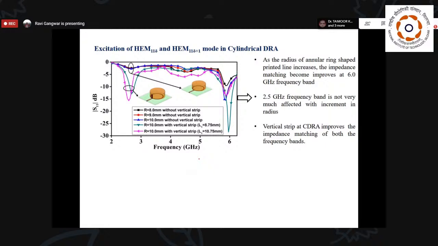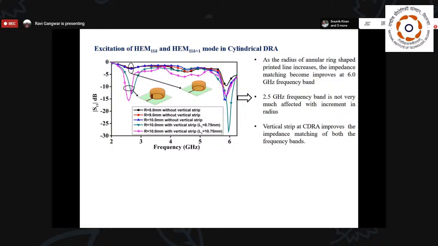Now the creation of the other two bands, that is the HEM11δ mode and the HEM11δ plus mode. Here we basically use the annular structure along with a conformal strip. First I used the annular structure and changed the diameter or radius of this annular structure, and then I looked at the effect on the structure.